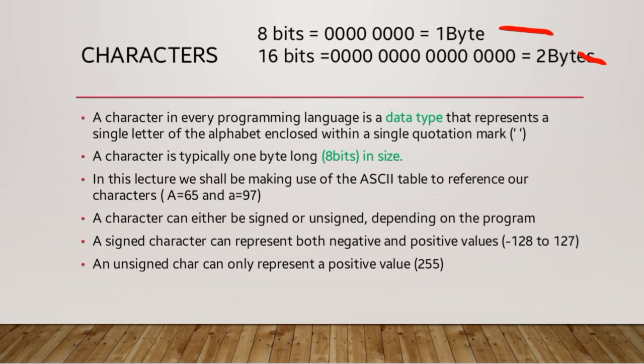It ranges from -128 to 127. That is the length it takes. But if you're working with just a plain program that only has to do with positive characters, then you can use the unsigned character type. We'll discuss more about that as we proceed.